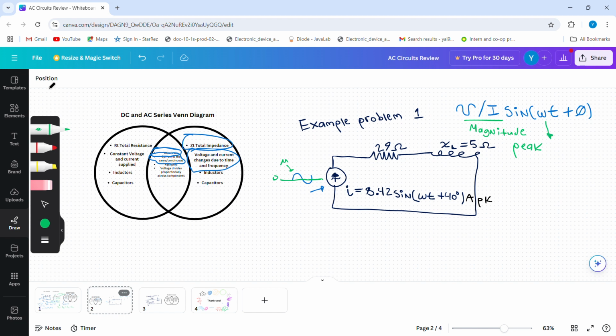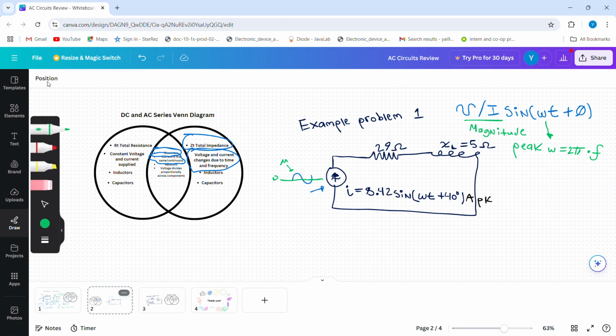It's a Greek letter, and omega is talking about the frequency. It is also called the angular velocity. The equation for omega is 2 pi times f. In this case, we didn't get the frequency, but it won't be that important for us solving the problem.